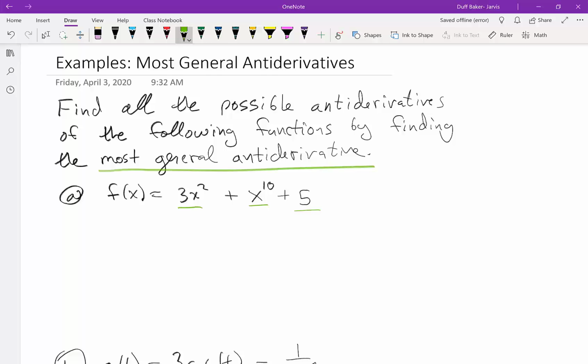And so if we apply this inverse power rule, it would say you add 1 to the power, and then you divide by the new power. And you do that for all the x to the power terms.